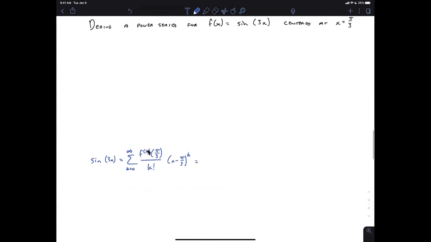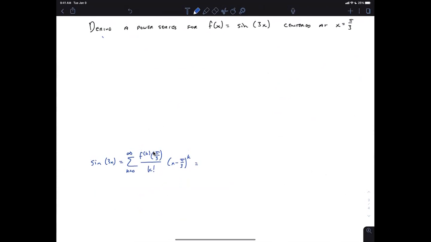What we want to do is make a list of the function and a bunch of its derivatives until there's a clear pattern. So f of x is obviously sine of 3x. f prime of x is 3 cosine of 3x because of the chain rule. The derivative of sine is cosine, and the chain rule gets you times 3.